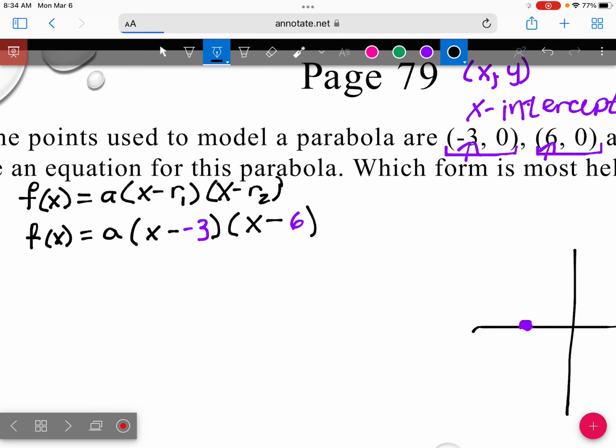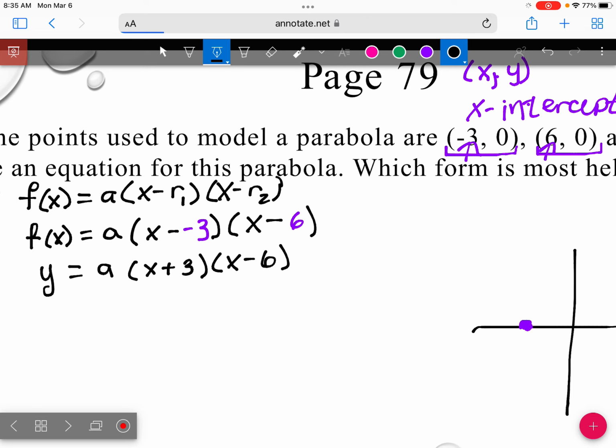That minus negative 3 kind of looks icky, right? I'm going to switch this to y because I'm too lazy. a times x minus negative 3 really means x what? 3. What does the minus negative turn into? Plus. So you have x plus 3, x minus 6.